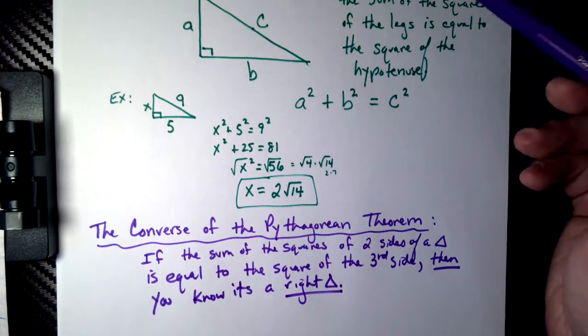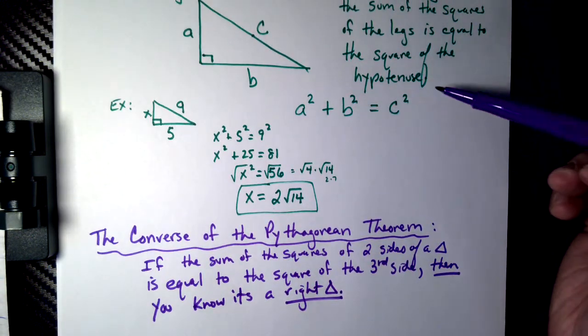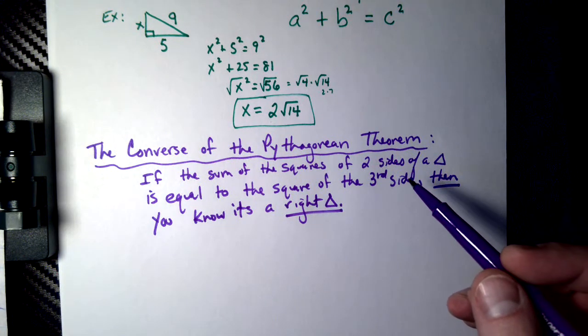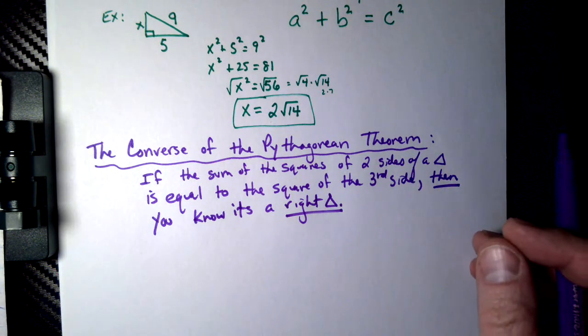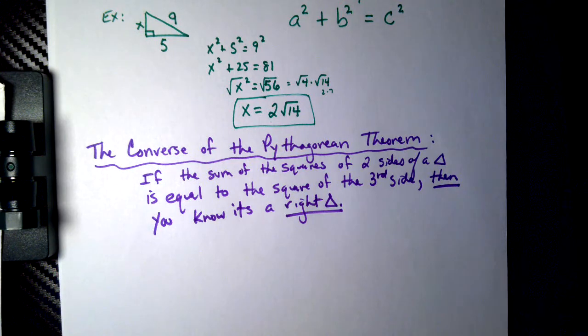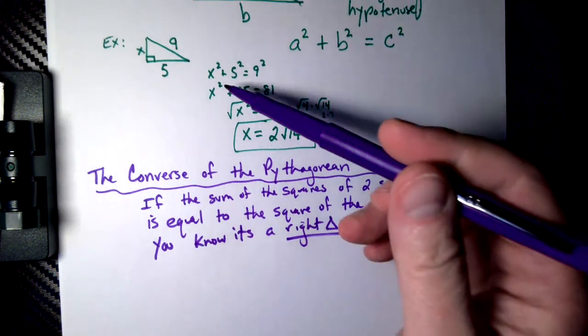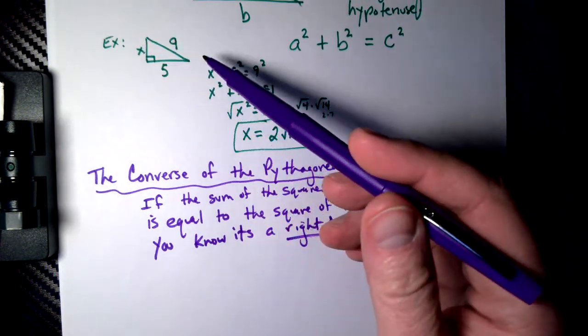Now that may not seem like a big deal. Mr. B, you said up here, in any right triangle, a squared plus b squared equals c squared. Down here, what they're saying is, you don't know it's a right triangle. I'm going to give you three numbers. And you say, all right, I'm going to take this number squared plus this number squared. Does it equal the square of the third number? Remember, in any right triangle, the biggest number has to be the hypotenuse.